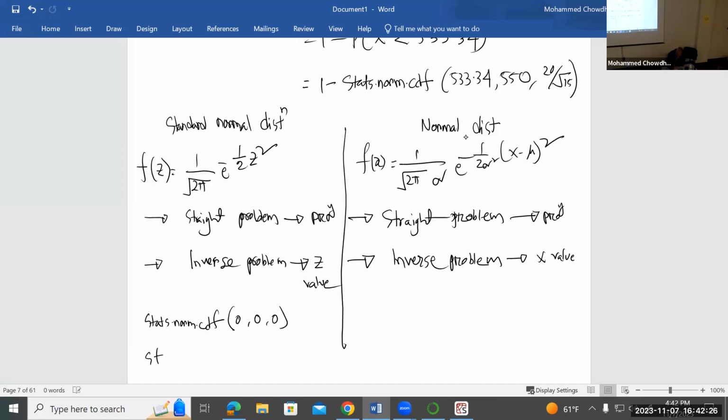Another one is stats.norm.ppf, with one entry, two entries, three entries, right?